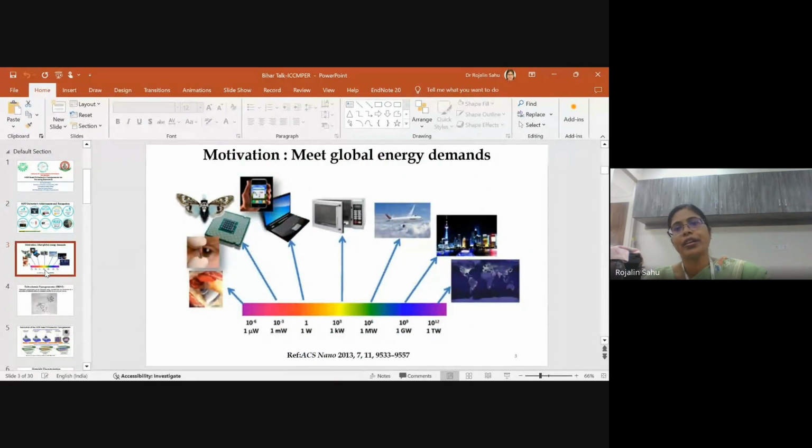So today's talk is on triboelectric nanogenerator. I will be talking about the motivation, why we started this kind of research. If you look at this picture, a very small amount of energy is required, like 1 microwatt to 1 milliwatt, even 1 nanowatt, for small IoT devices.